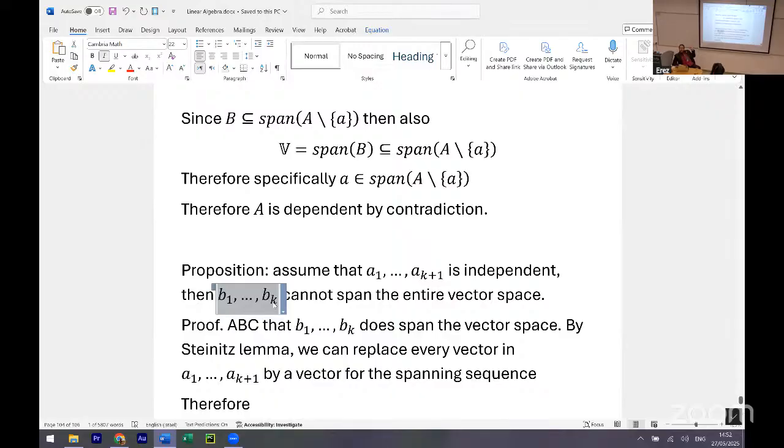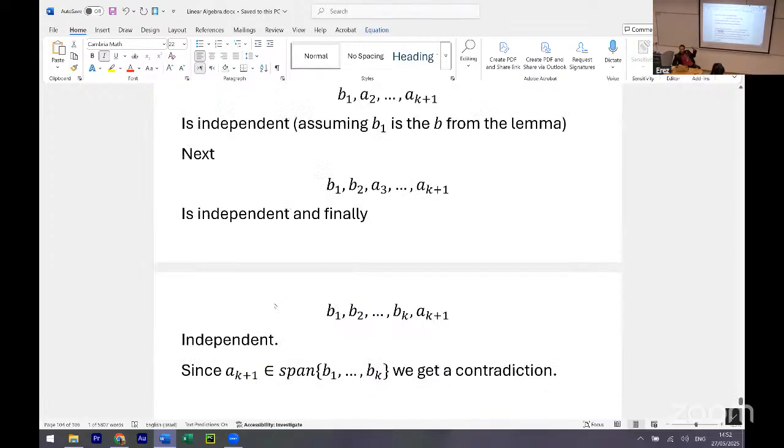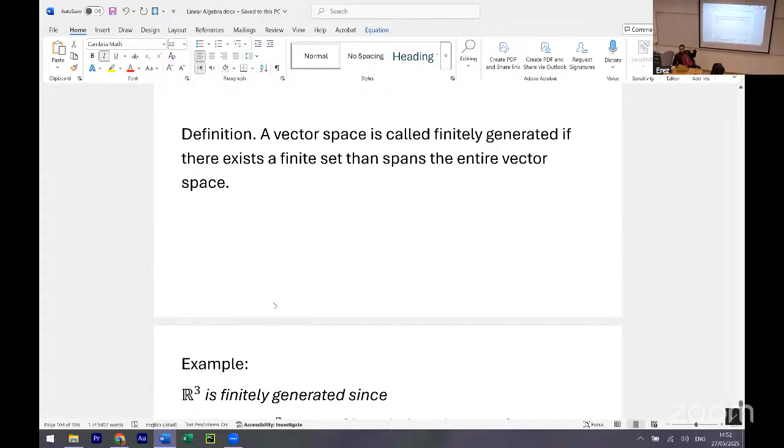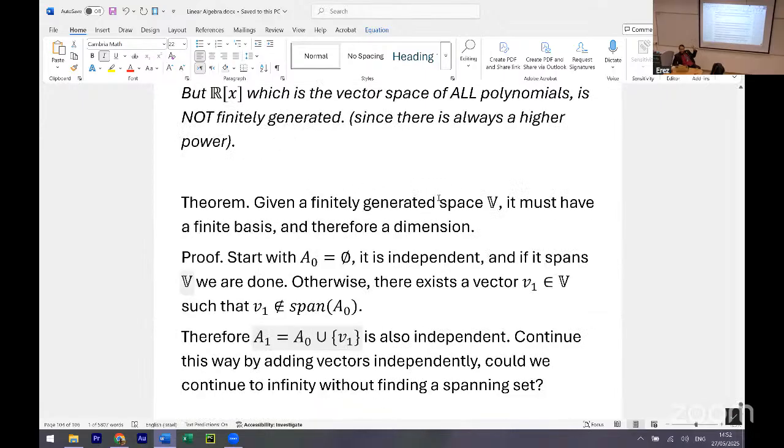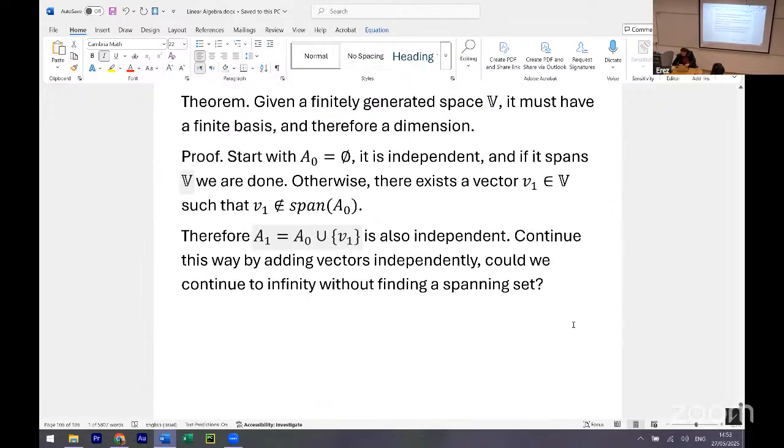You can never surpass a spanning set. Right. But since it's a finitely generated space, you do have a finite spanning set that you can never surpass.